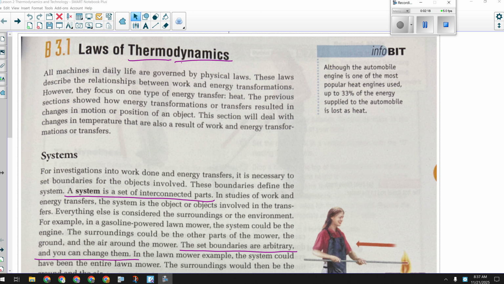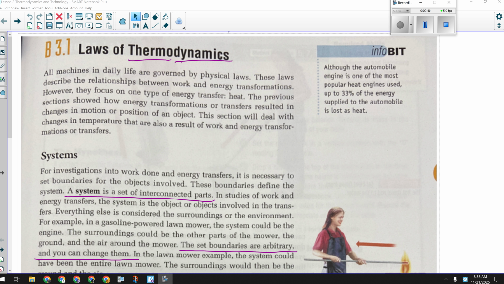So a simple example of that would be, one person in this classroom would be the system. Everything else in the classroom would be their surroundings. Okay? And energy is going to flow between the system and the surroundings. Okay?